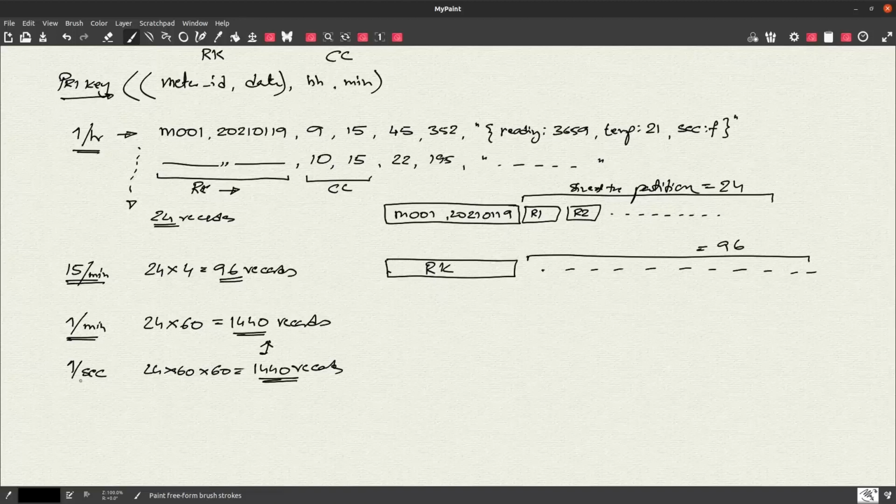So when I increase the velocity to once every second, will it be possible for Cassandra to uniquely identify a row with the existing primary key where the last column is the minute? Not possible. So this is where you will get upsert.